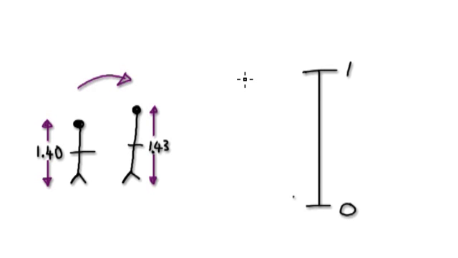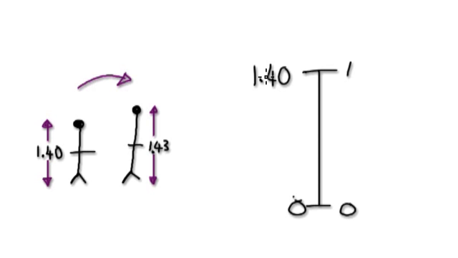Okay, so let me give you another example here. Let's say your height is 1.4 meters. In 6 months' time, your height will be 1.43 meters. So what is the percentage increase? So let's draw the diagram. So 0 here. Your original was 140.